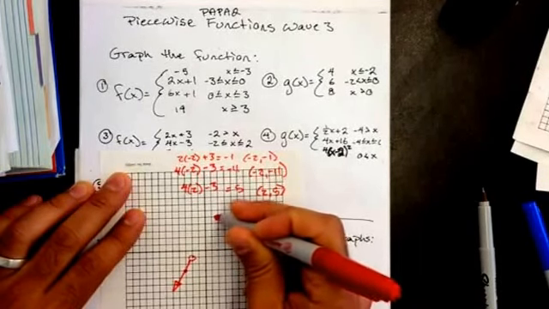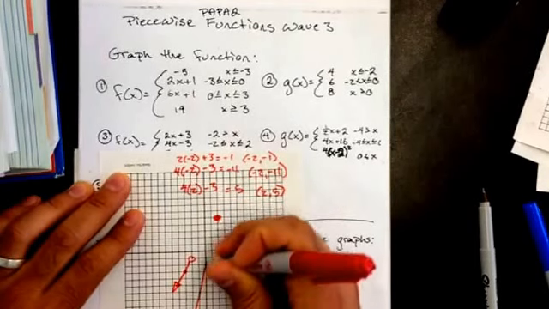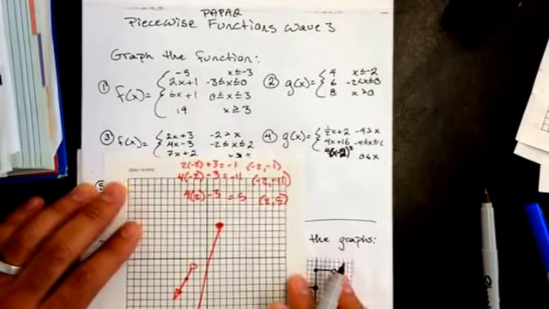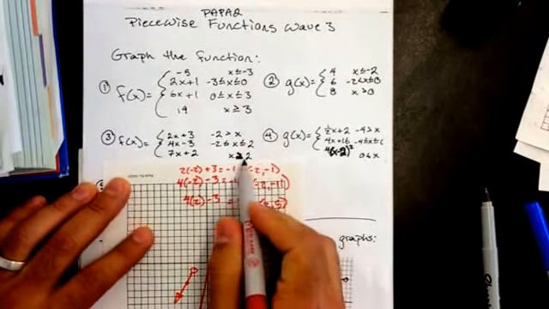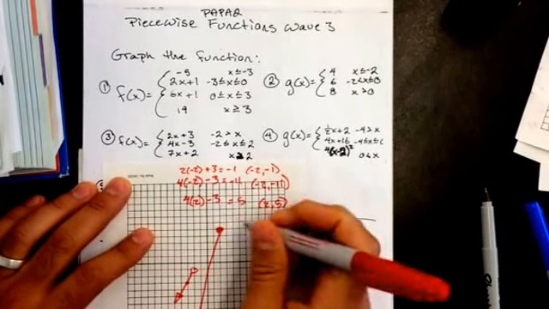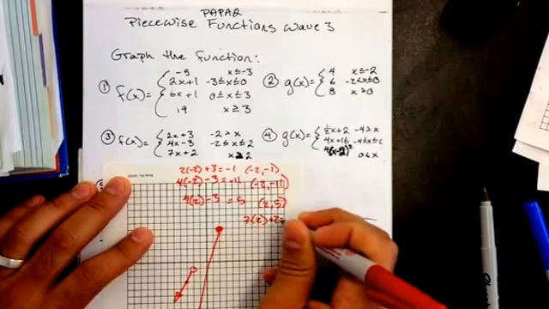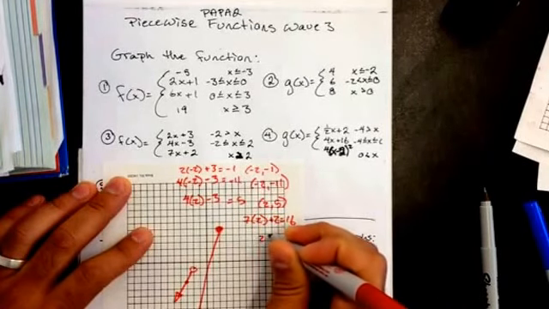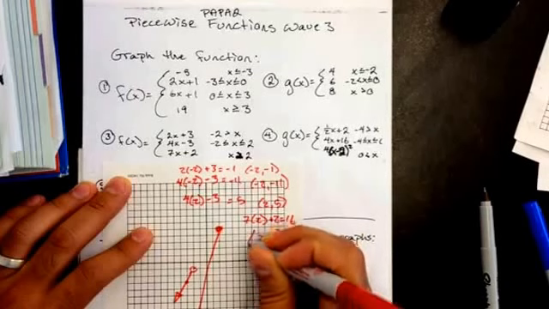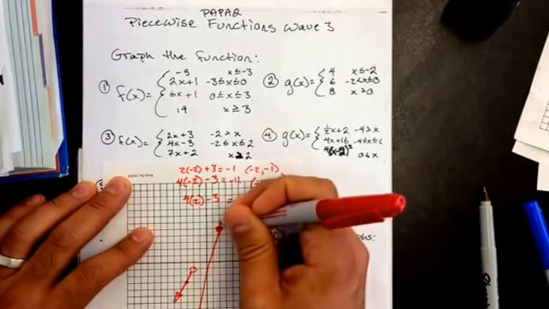And that one's also included. And then I connect those. And then it starts following this rule. X is greater than 2, it's 7x plus 2, so 7 times 2 plus 2 equals 16. So it goes through the point 2, 16. And that's not included.